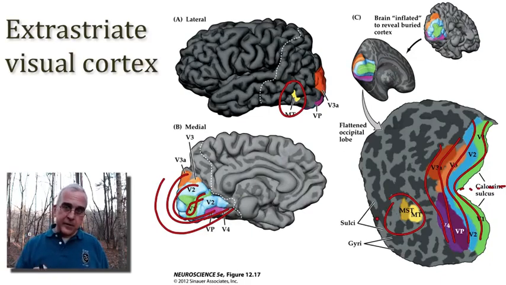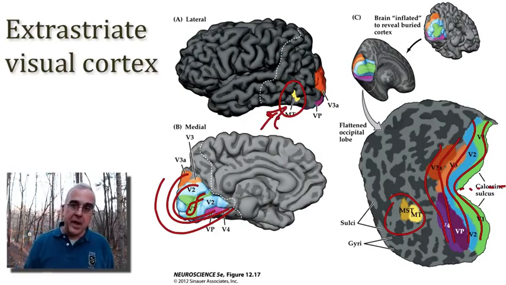And this is an area that was named for the corresponding location in the macaque brain where a middle temporal visual area was discovered that is enriched in motion-sensitive cells. So this region, area MT, which is roughly in this position in the human brain, likewise seems to be especially enriched in motion-sensitive cells.